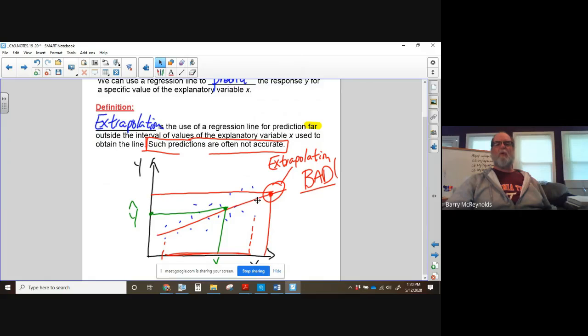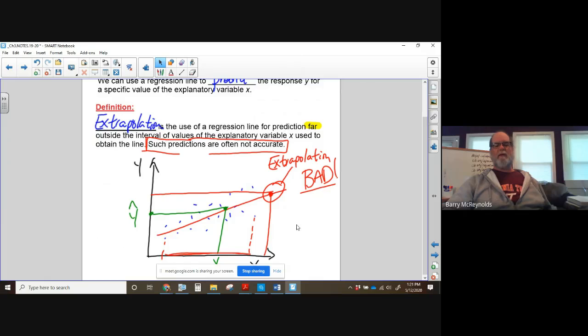Now, if it's 1% past this, or maybe 5% past, it's probably okay. But once you get much farther outside of that, you're going to make a statement that this is extrapolation. Using the regression line to predict well outside the range is called extrapolation, and a prediction in that range is likely not to be accurate, or I guess to say it more affirmatively, is likely to be inaccurate.